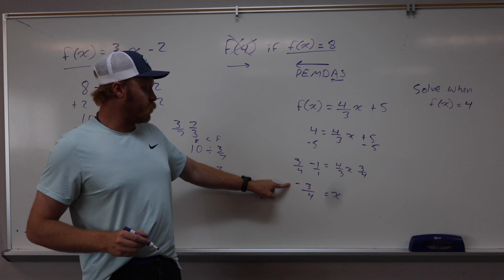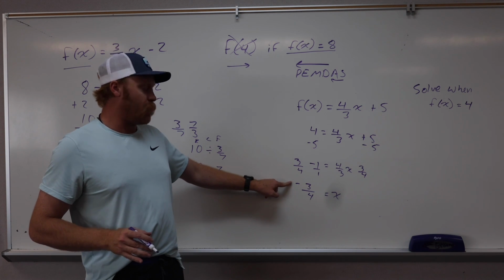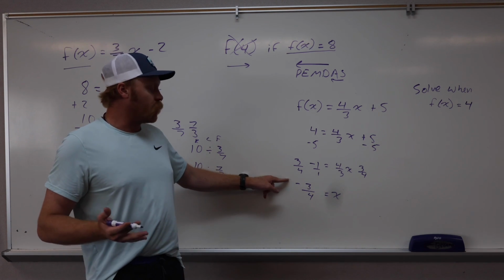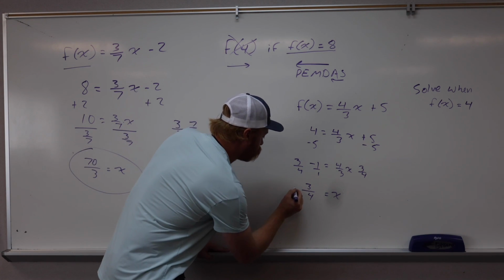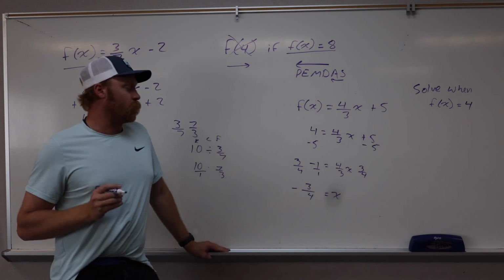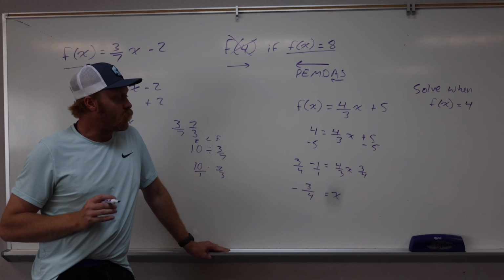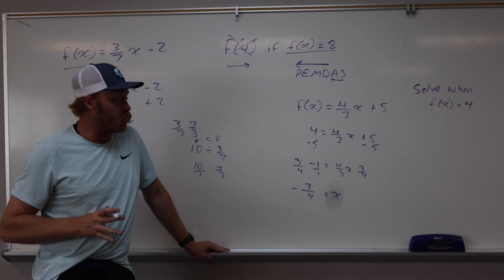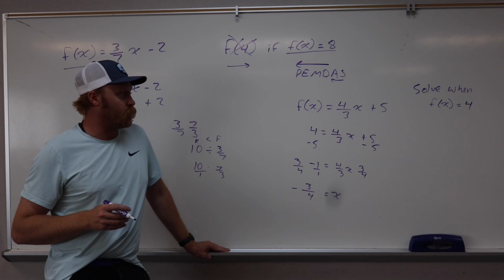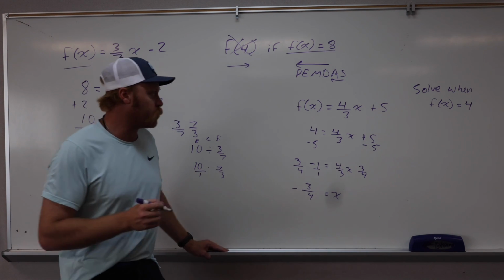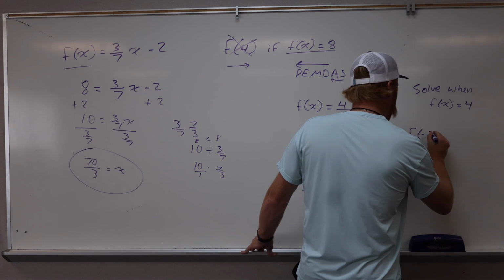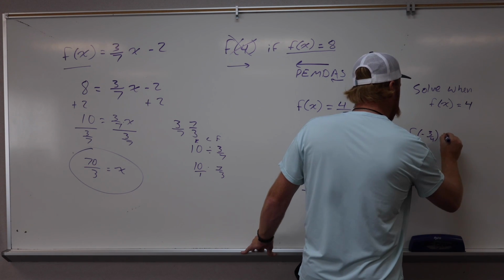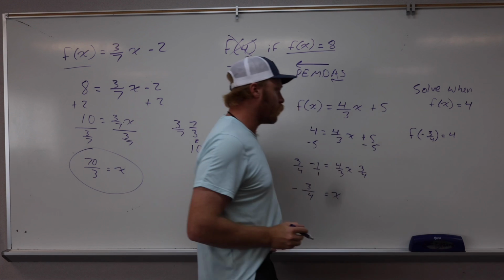Now, I have a lot of students that ask, does it matter where this negative goes? It could go on the top, it can go on the bottom, it can even come out in front of the fraction. Those are all equal. Now, if you want to be 100% correct in writing the answer, we would write f of -3/4 is going to equal 4.